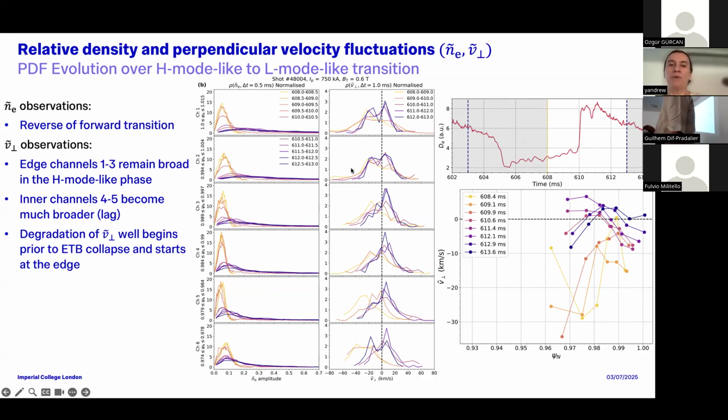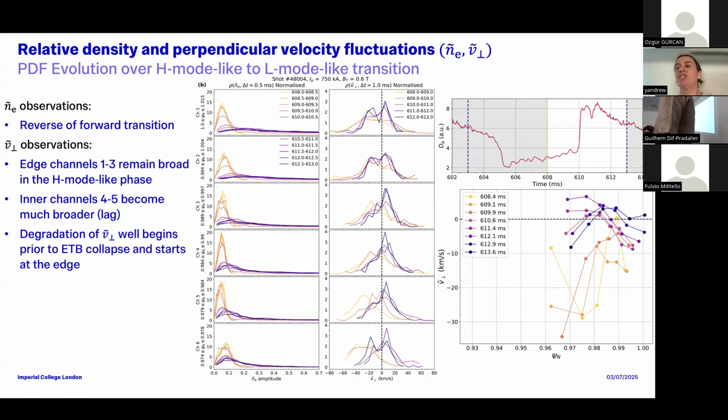What we found interesting was that for the VPERP measurements, what we observe is that the change in the VPERP profile also starts at the edge. So it also starts in the edgemost channel. You can see for these yellow profiles that the VPERP well remains intact, and the changes that we start to see, you can see this progressive change happens in the edgemost channel for VPERP.